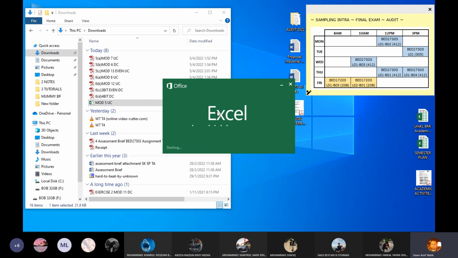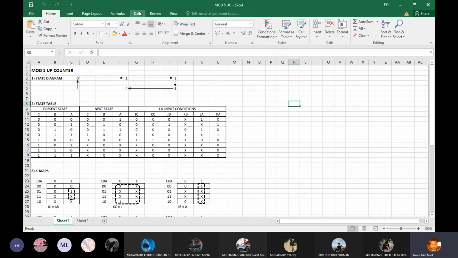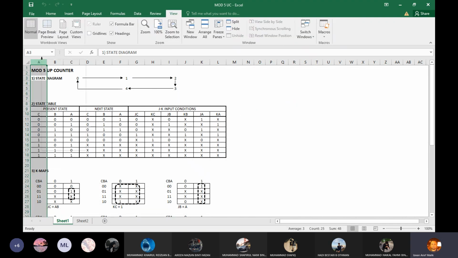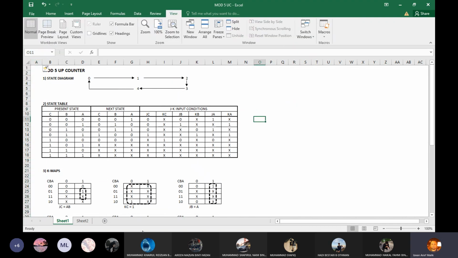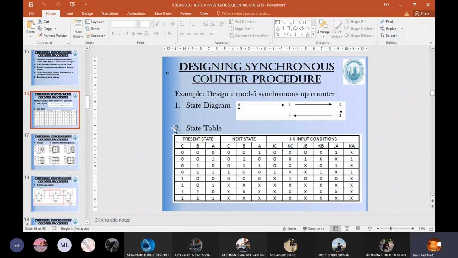So basically this is the solution, the one that I've shared with you in the notes. By the way, I forgot to tell you, these notes I have already updated a little bit on this synchronous part.